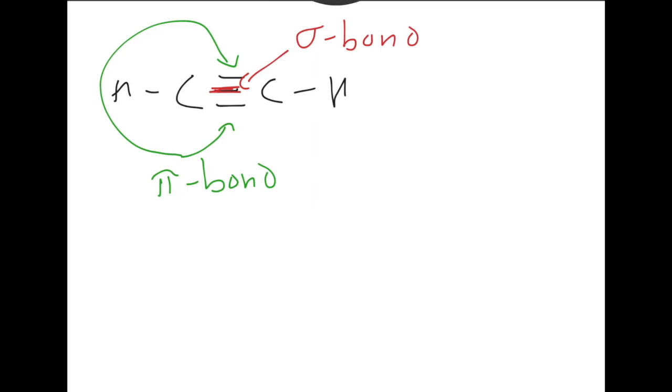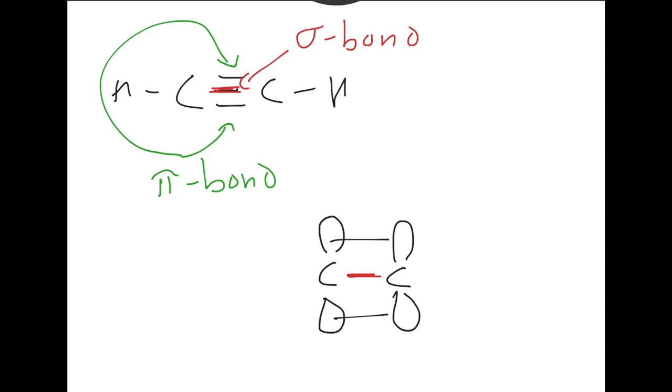So if we look at how the orbitals are set up, you got your carbon and your carbon. You got your sigma bond in between them. We'll make it red again. Okay, there's your sigma bond. And then you've got 1 p orbital that is in the plane of the screen, and those p orbitals overlap, and they make your first pi bond.